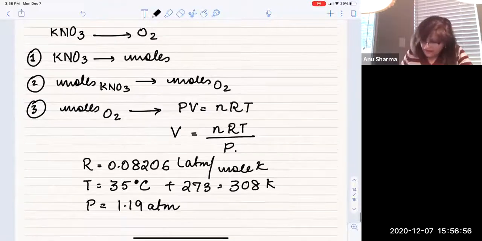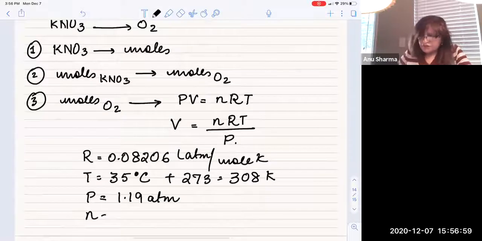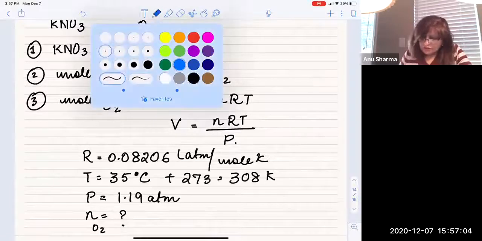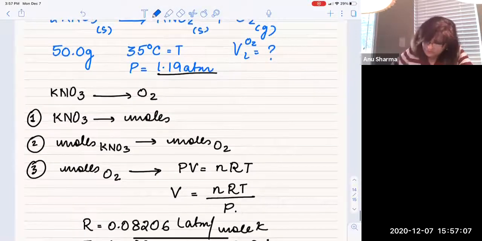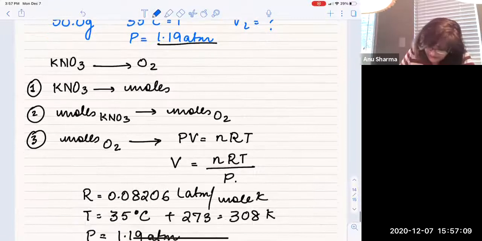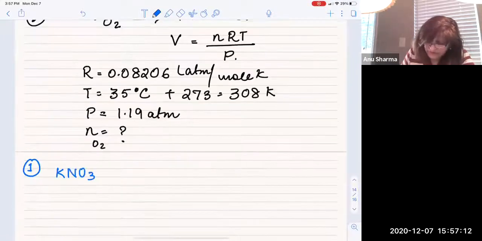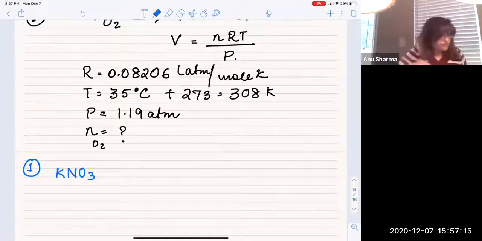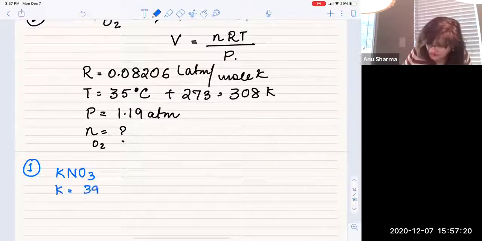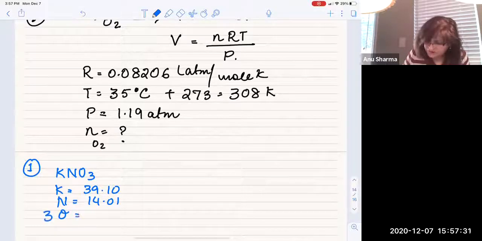So let's find the value of n first, and that is for oxygen. Going back here, you are going to take 50 grams of KNO3. First is the molar mass of KNO3. Potassium, K, is 39.10. Nitrogen is 14.01, and there are 3 oxygens, that is 3 times 16.